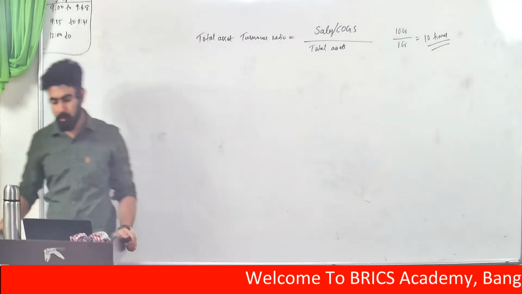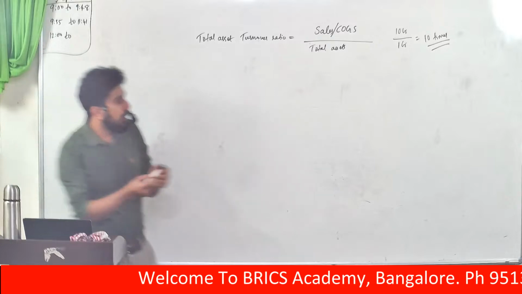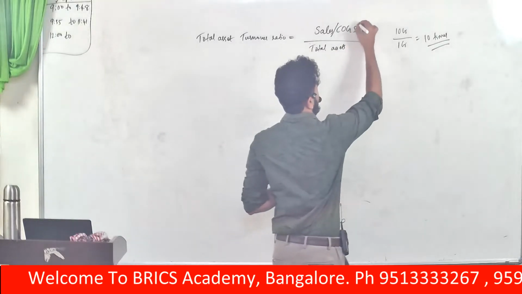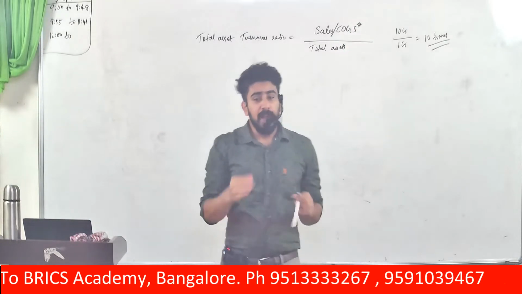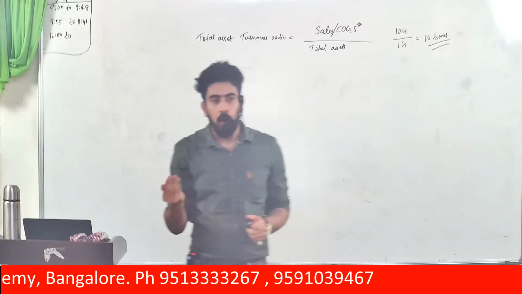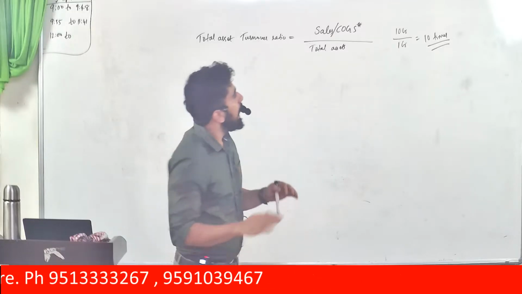Total asset turnover ratio is equal to sales or COGS divided by total assets. Now here, guys, COGS. When do you have to use COGS when you also have sales?